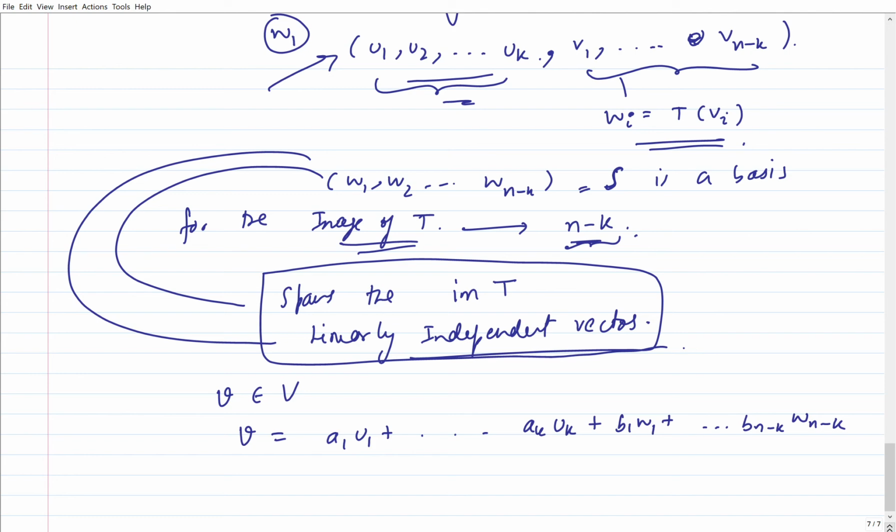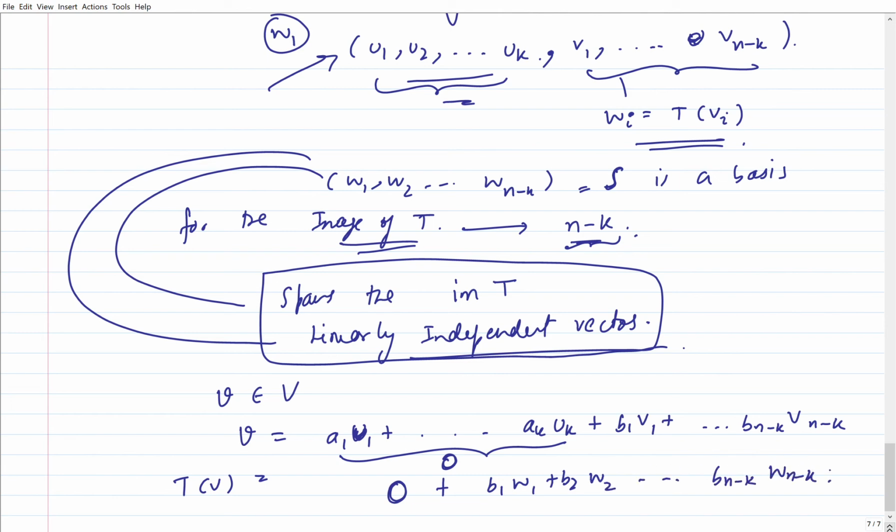Now if I hit it with the transformation, these guys go to 0. Remember, this was the kernel, and I have b1 w1 plus b2 w2 up to b n minus k w n minus k.